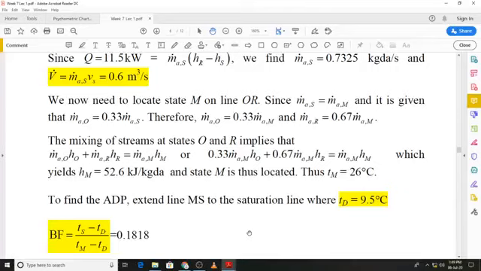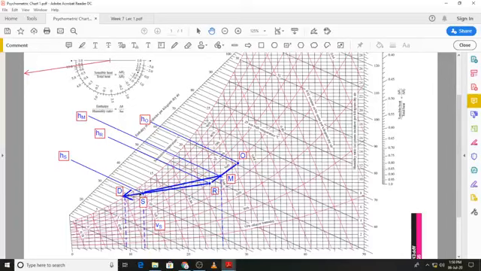All I have to do is extend the line ms up to the saturation line and then read the temperature at that point, which you can see has been done at the apparatus dew point shown by the letter D. We have got the temperature, which is 9.5 degrees C. Okay, so that is the apparatus dew point, and then we can find the bypass factor.